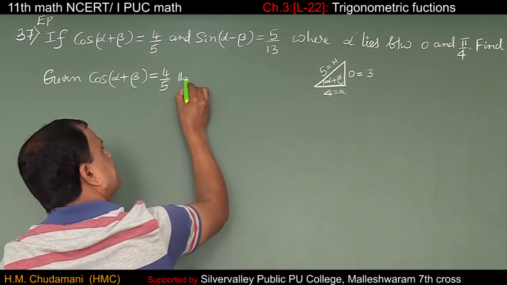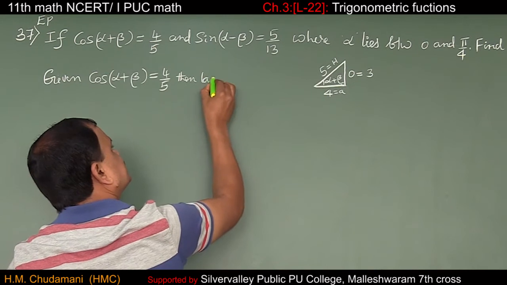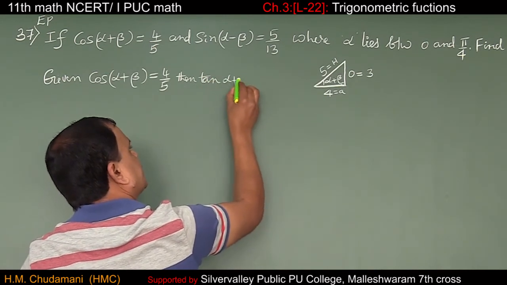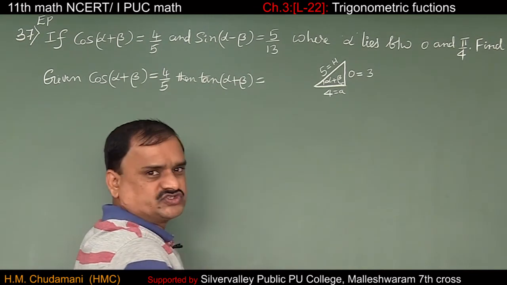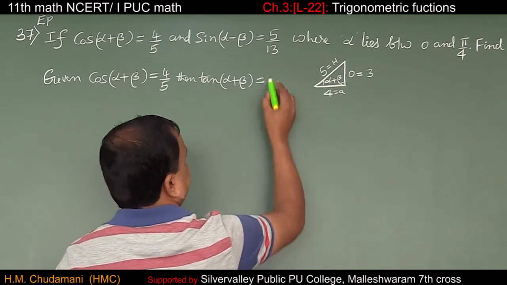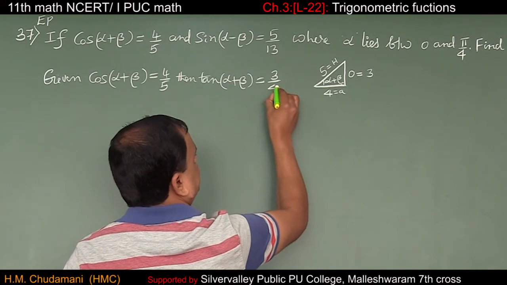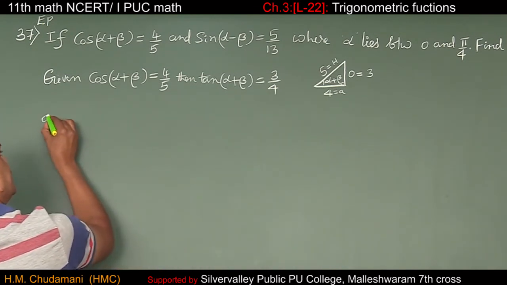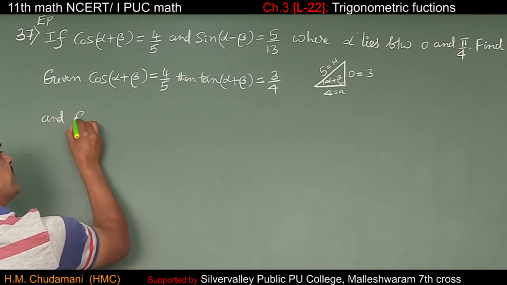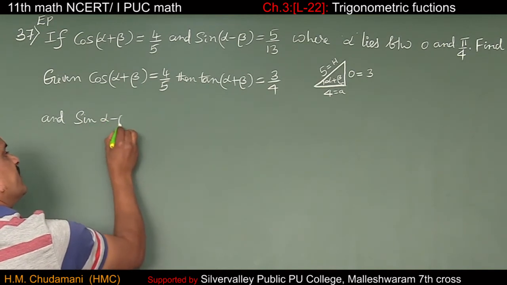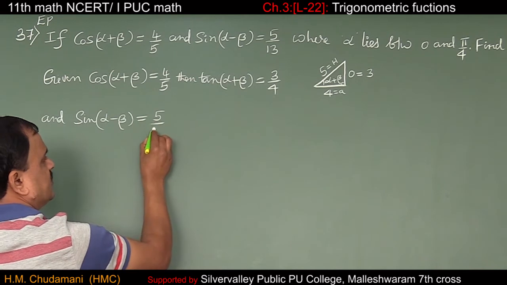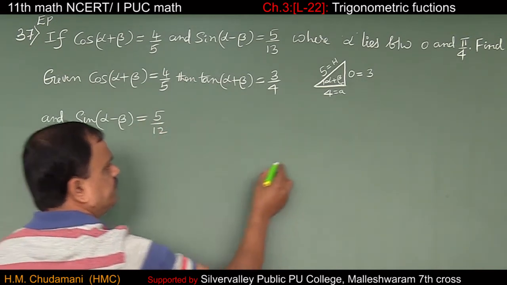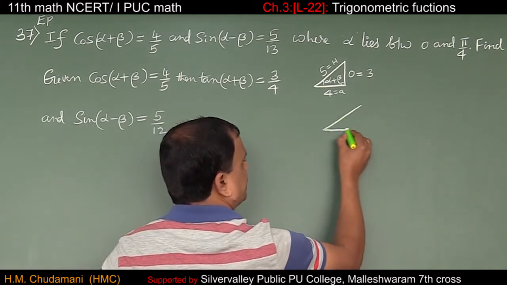Then tan of alpha plus beta is equal to opposite side divided by adjacent side, that is 3 divided by 4. And sine of alpha minus beta, sine of the angle is 5 by 13. Other Pythagorean triplet is 12, you know. So this is alpha minus beta.